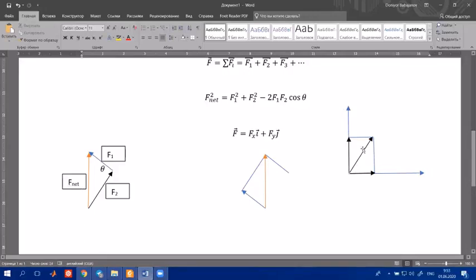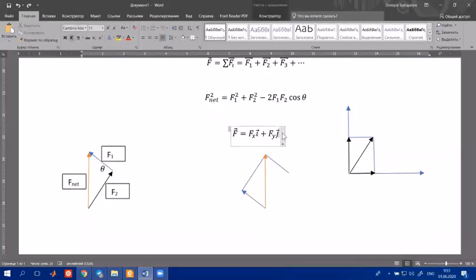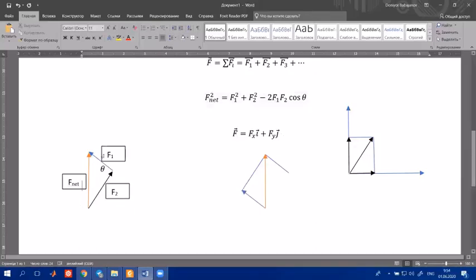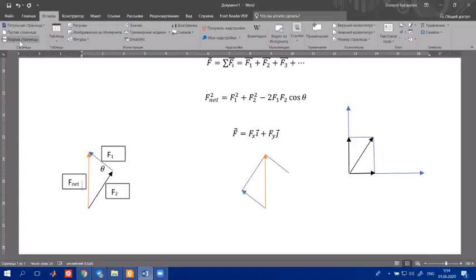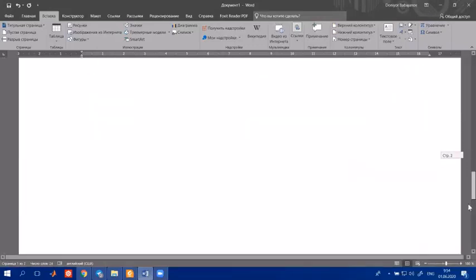So we can decompose each vector to its components by using the formula. We can use the formula in order to find the components of a vector.